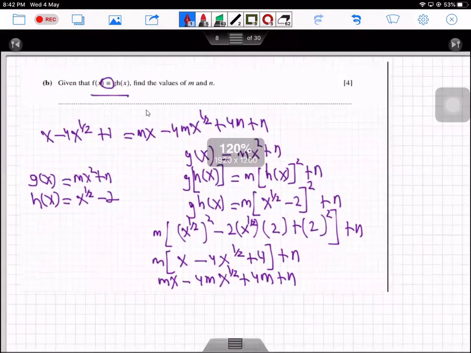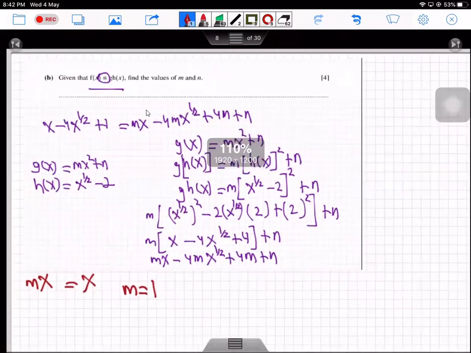As we can see, how many terms of x are we having? We have only one term of x over here and one term of x over here. Therefore, mx will be compared with just x. Therefore, m is equal to 1. As simple as that. And then the constant term over here is 4m plus n.